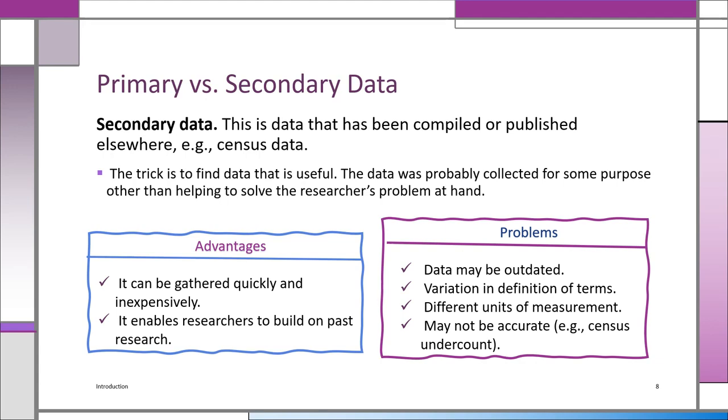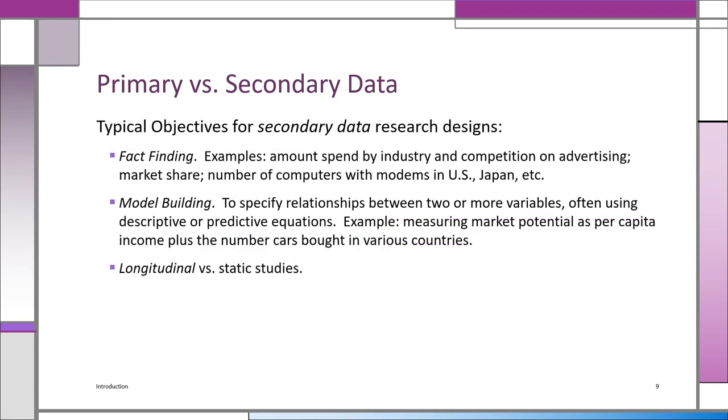Let's take a look at some of the types of research studies that work very well with secondary data. Well, one is fact finding. You're exactly interested in the secondary data.